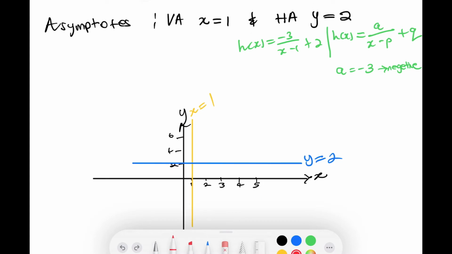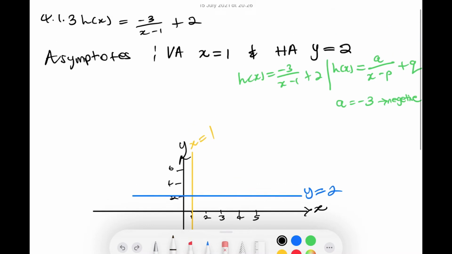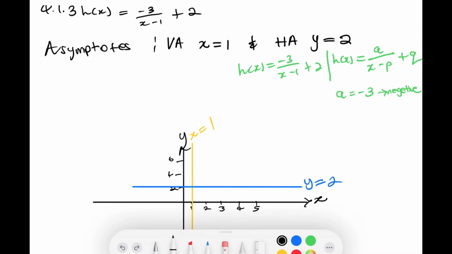There is something else though that will give us a hint as to in which quadrants our graph will be, and that is our intercepts. So let's find the intercepts. Let's start with the y-intercept.